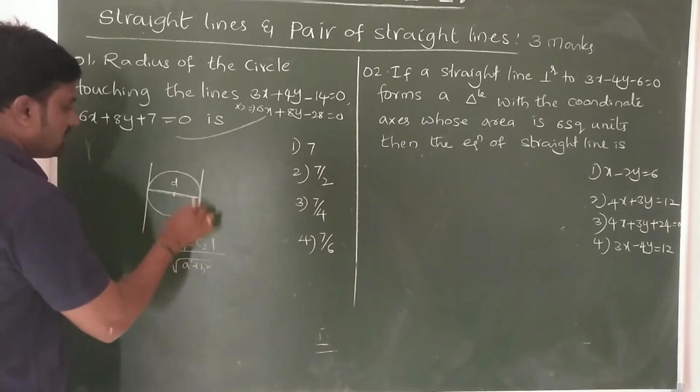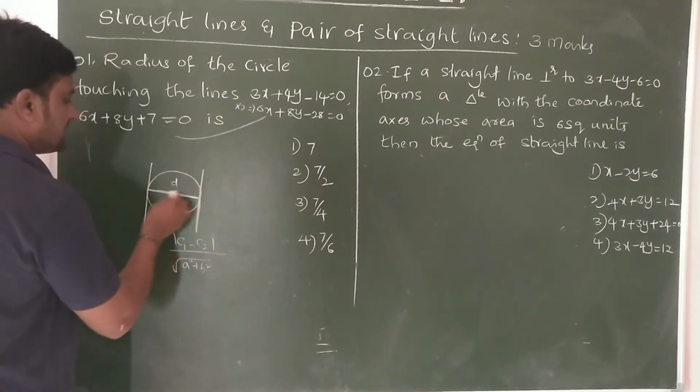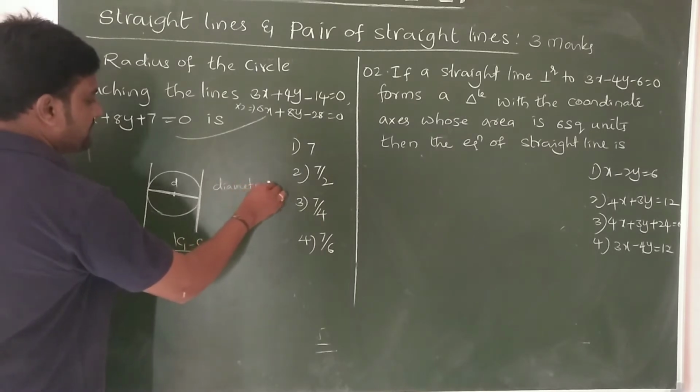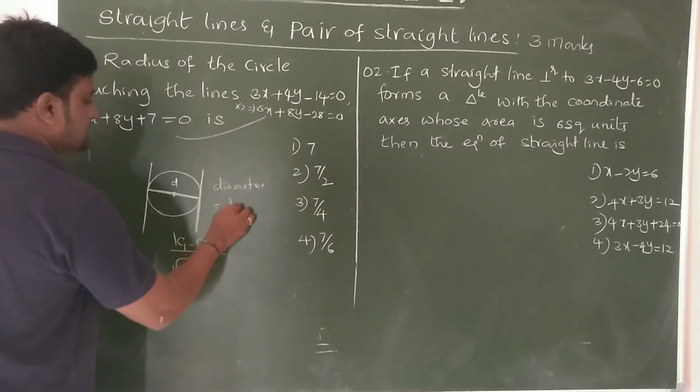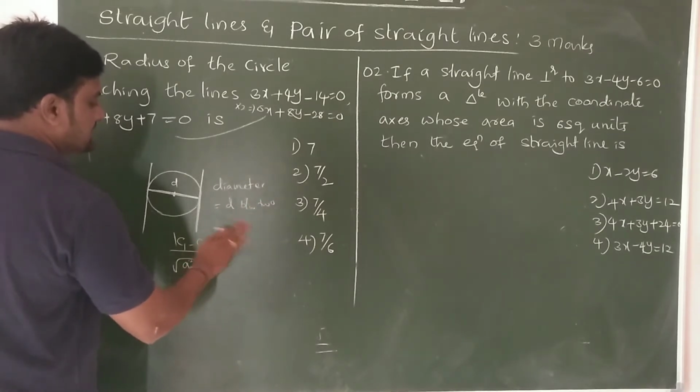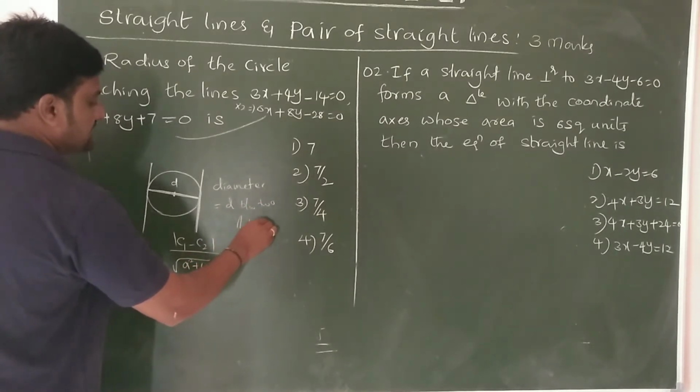Now the diameter of the circle equals the distance between the two parallel lines.